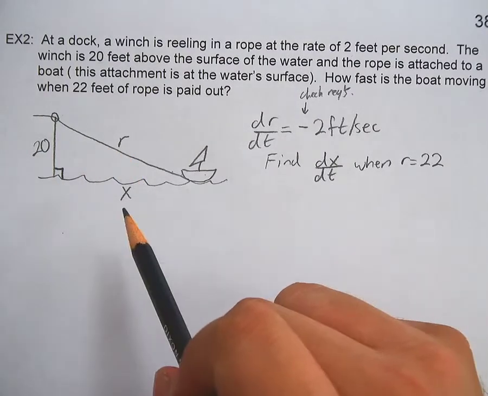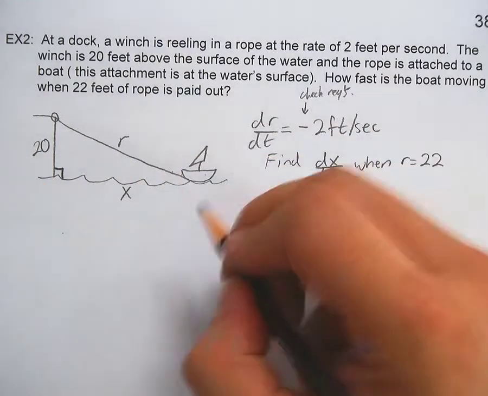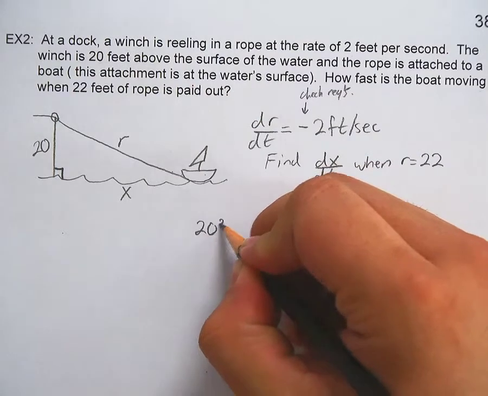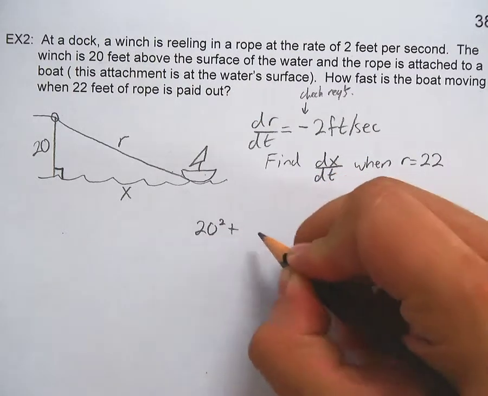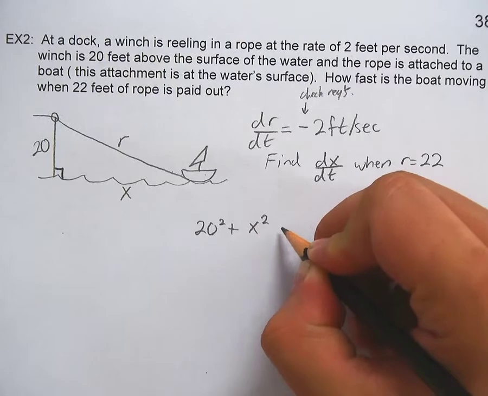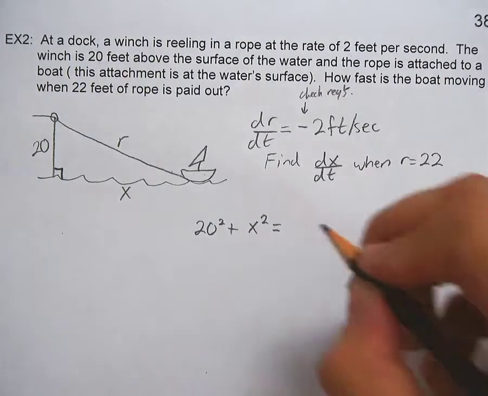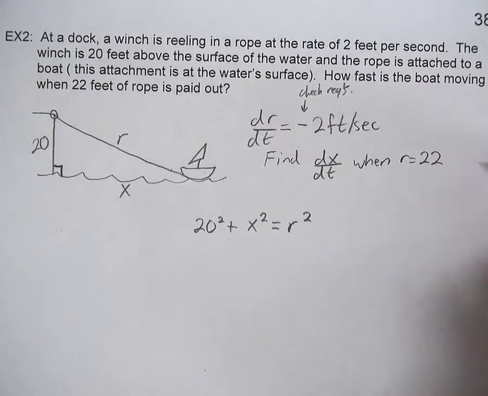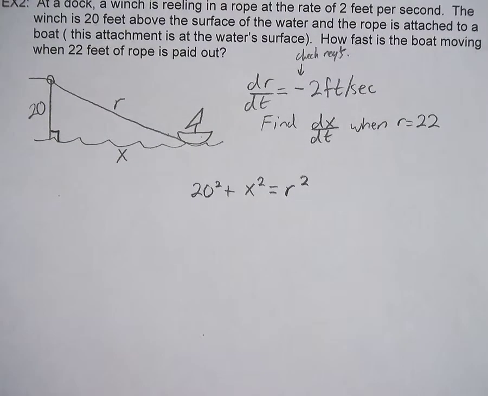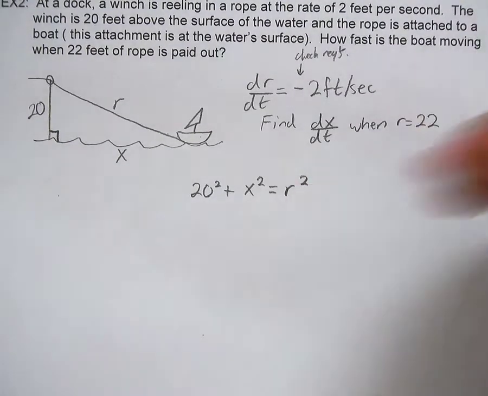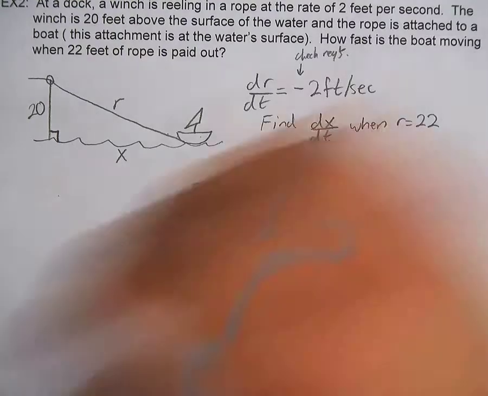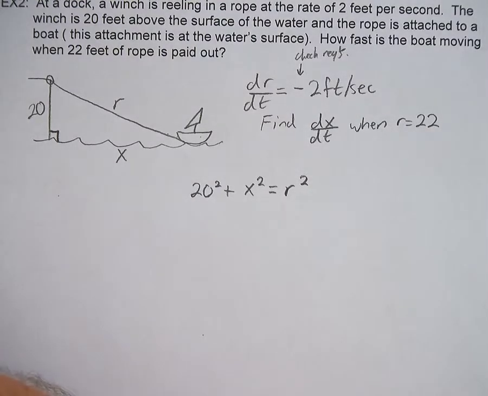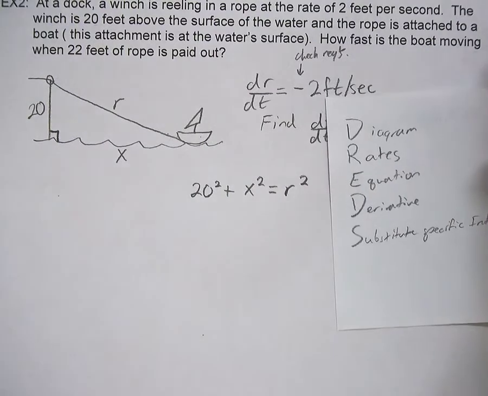Yeah, sure. So 20 squared plus x squared is going to give you r squared. And that's at any time, right? I can pick any time and plug that in there and find one of my missing values. So DREADS, diagram, rates, equation, here it is.